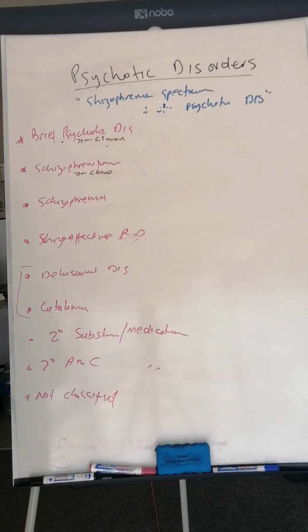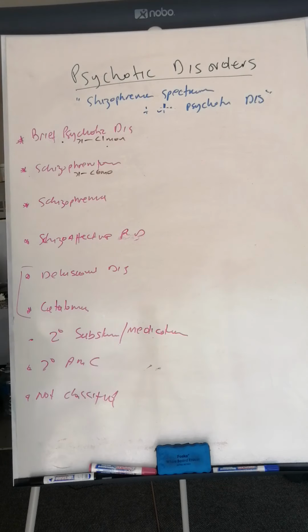You can query if it's more than a day that probably it's a brief psychotic disorder, but if a month goes past, they get to second month, third month, then your diagnosis shifts to schizophreniform. If later, after 6 months, they are still symptomatic, then that's schizophrenia.